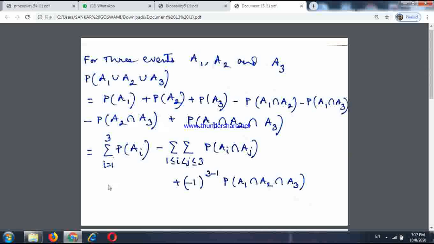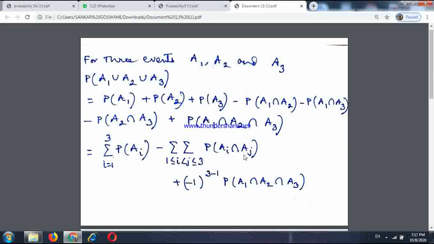Now, I can use the summation symbol: sum of P(Ai), i goes from 1 to 3. Then you see, the double summation P(Ai intersection Aj), and here I have written i less than j, with i greater than or equal to 1 and j less than or equal to 3.